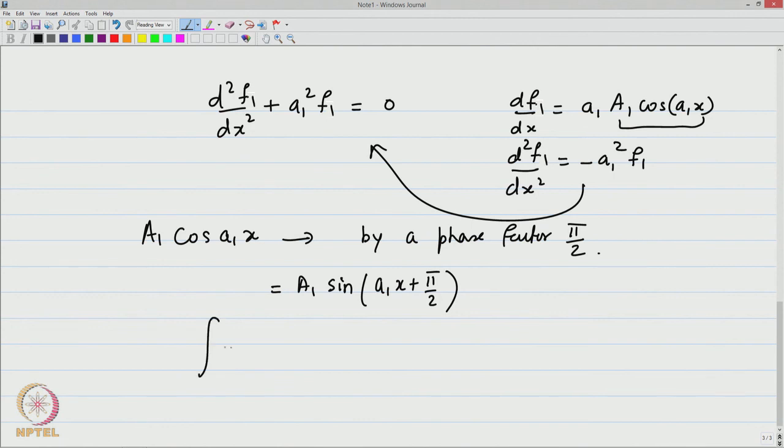What is the integral of sine a1 x? If you leave the constant a1 outside, it simply gives you minus a1 by a1 cosine a1 x, and if you do not have the limits of integration, you normally have a constant which is undetermined, and the constant is determined if you do the integration between specific limits.